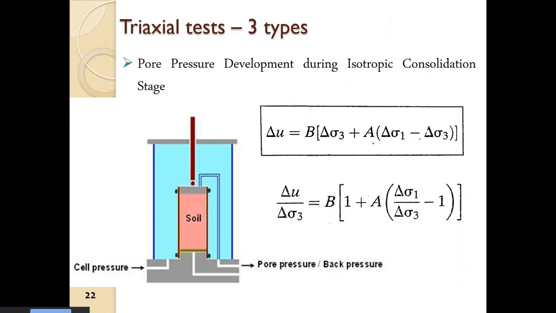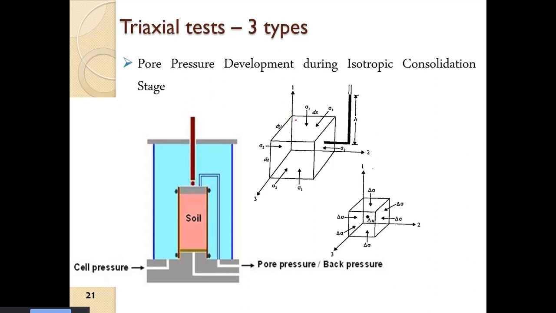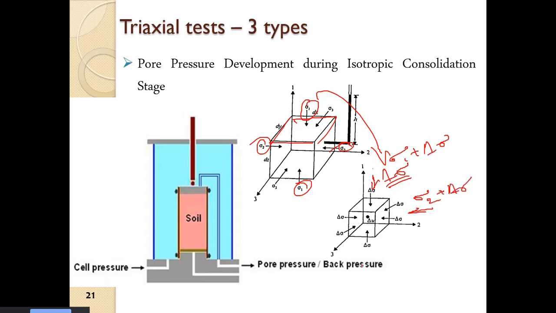So we have seen that this is an element, and it is subjected to sigma 1, sigma 2, sigma 3 in three different directions. These are the principal planes, and when these pressures are increased by an additional total stress, we now have sigma 1 plus delta sigma in this direction, sigma 2 plus delta sigma in this direction, and sigma 3 plus delta sigma in this direction.